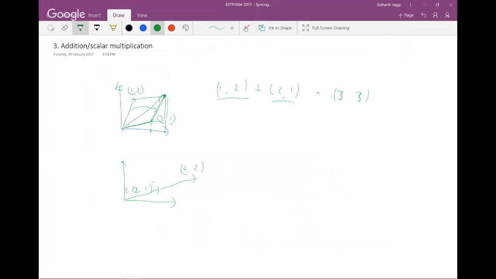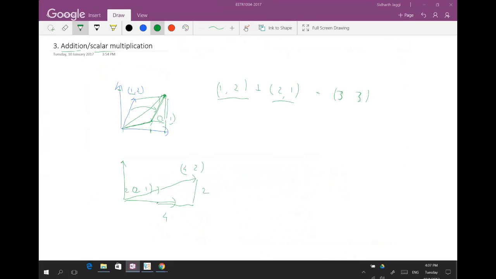Because that's the same as making the x-axis component twice as long and the y-axis component twice as long. So the x-axis component now becomes 4, the y-axis component now becomes 2. So that's the geometric meaning of addition and scalar multiplication of vectors. The geometric meaning of addition and scalar multiplication of matrices is more complicated, and we'll discuss this shortly.